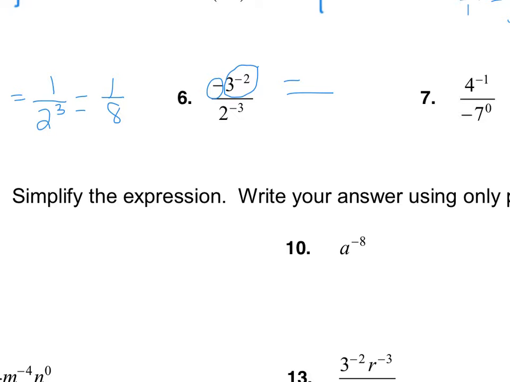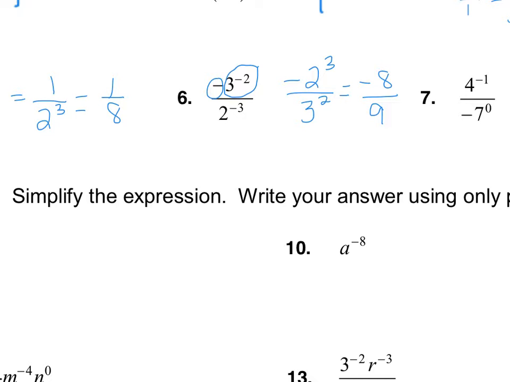It does not need to cross the line. But my 3 does need to cross the line and change the sign of my exponent. And my 2 on bottom needs to cross the line and change the sign of my exponent. Okay, so when I did that, then I can just simplify this. I've still got a negative. 2 to the 3rd power is 8, and 3 squared is 9.